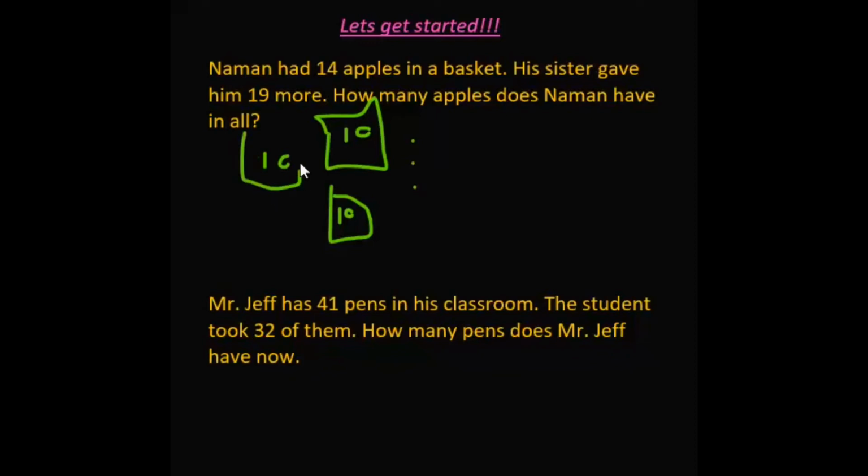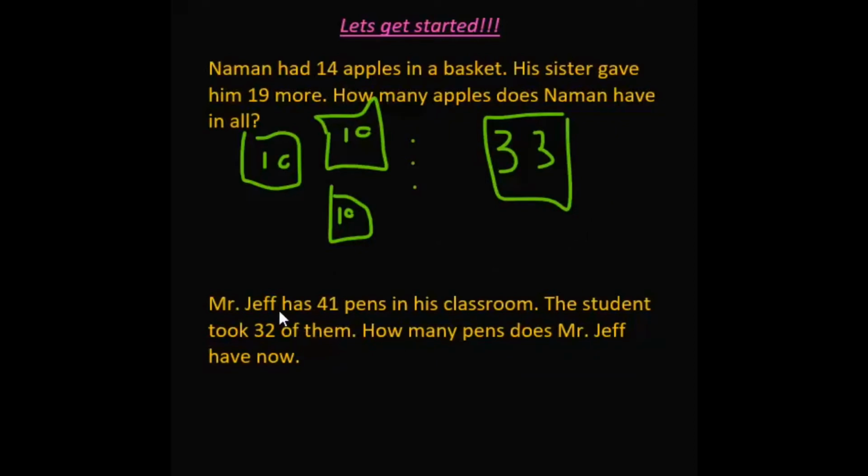Let's box that. So now we have 3 tens and 3 ones. So now we can add 10, 20, 30, and then 1, 2, 3. 30, 31, 32, 33. So now Naman has 33 apples in all. Let me box that because that's our answer.